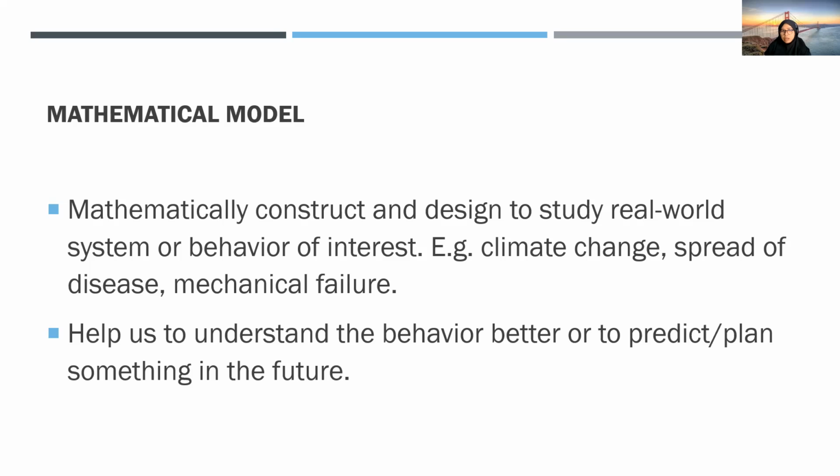Something can happen naturally, or something can happen by force. So it's either of the two. It also helps to understand the behavior better, or to predict and plan something in the future. For example, if you have seen something like Criminal Minds, or something studying criminology, if you study more, they also use mathematical models in order to catch the culprit.